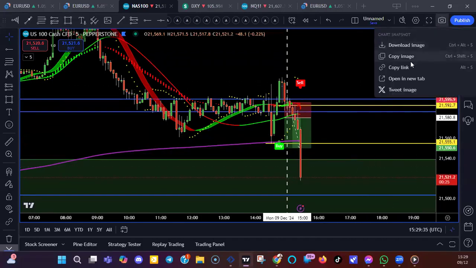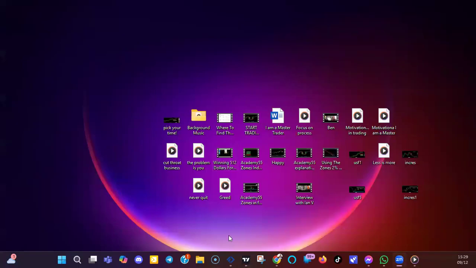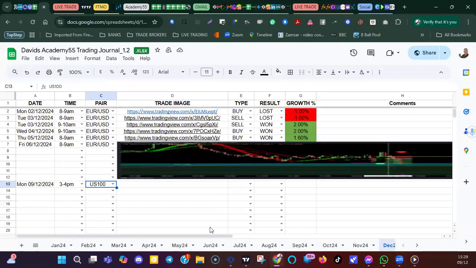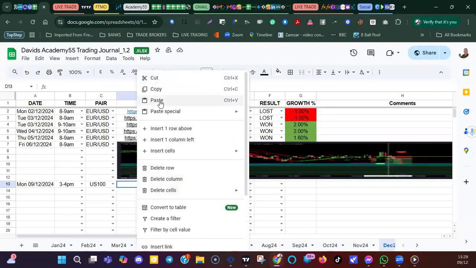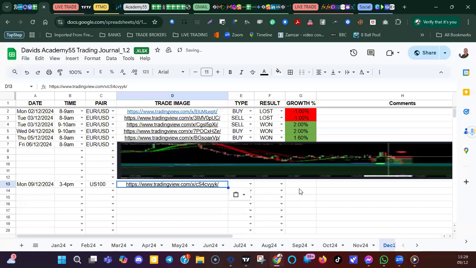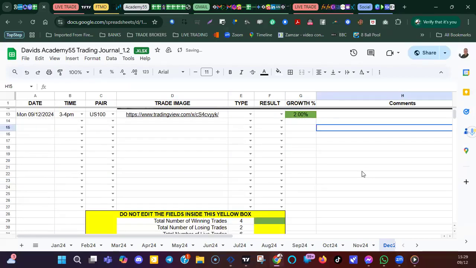Get the copy link, paste the link in there, my 2% in there, and now I've got a nice healthy 7.6%. I'll clean that up a bit later on once I know what I'm doing.